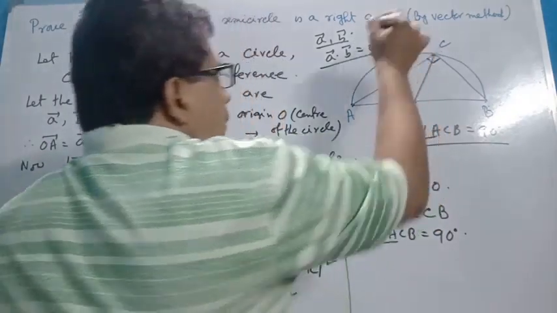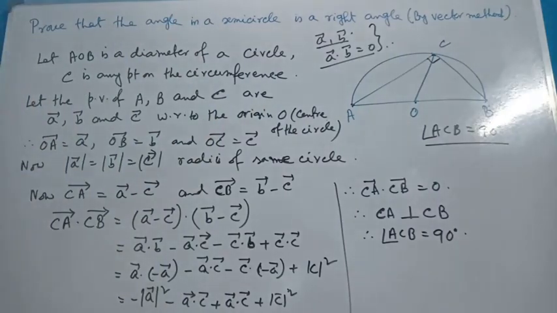It is known to all of us. Since the dot product A dot B is equal to mod A mod B cos theta, where theta is the angle between them, if theta is 90, then cos 90 is 0. So if A and B are perpendicular to each other, their dot product is 0.